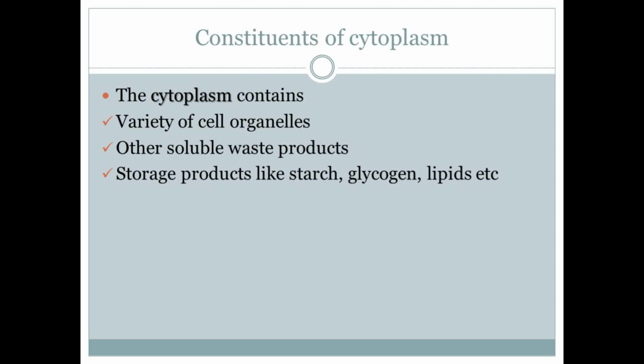Soluble waste products are also present in the cytoplasm, and storage products like starch, glycogen and lipids are present too. So the cytoplasm contains a variety of cell organelles, soluble waste products, and storage products like starch, glycogen, lipids, etc.